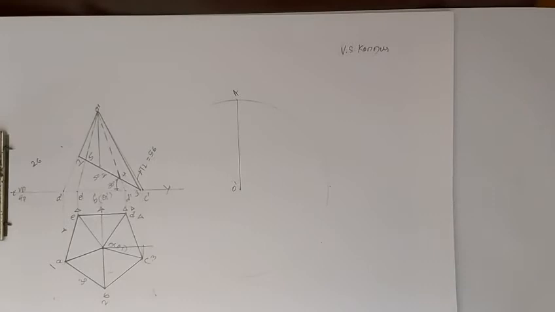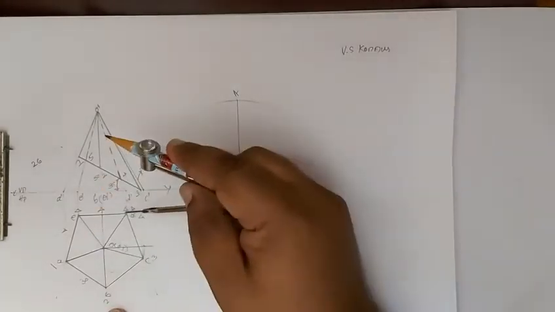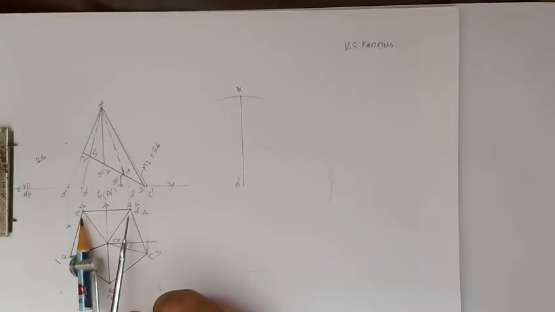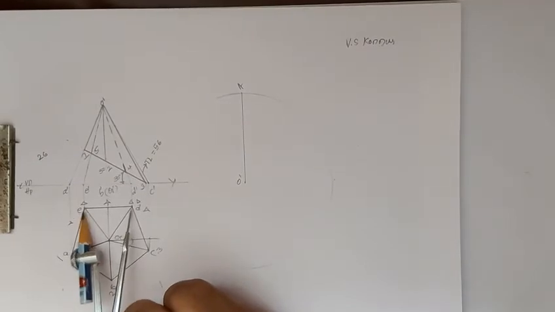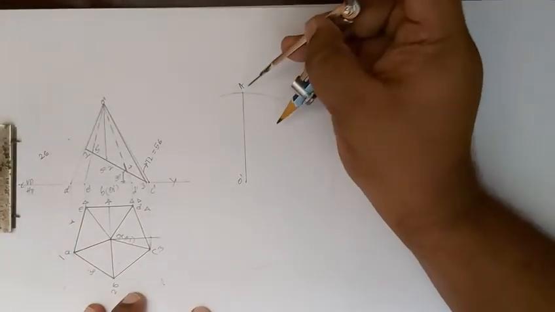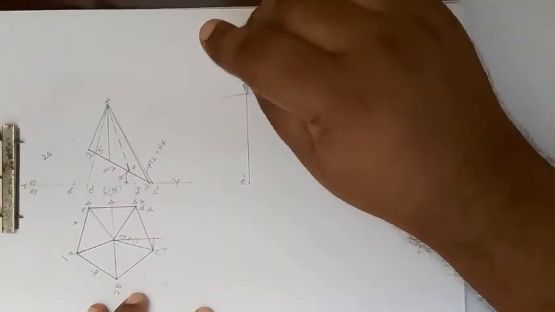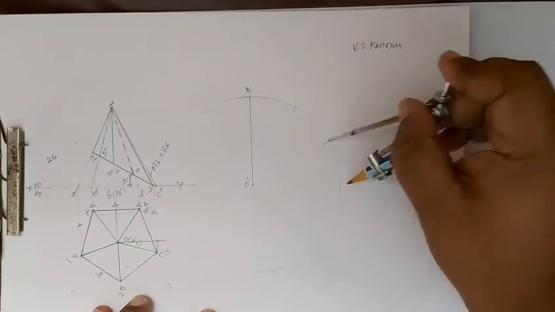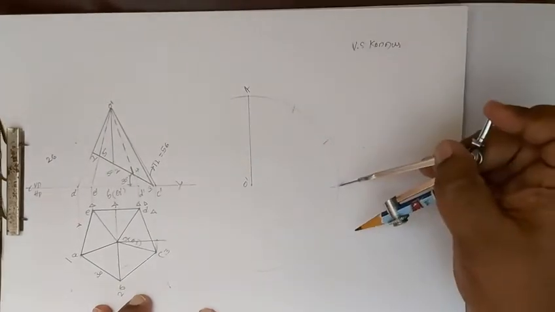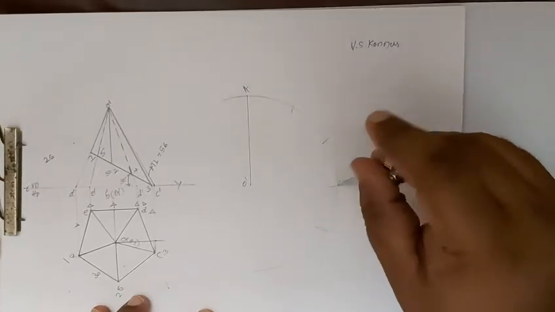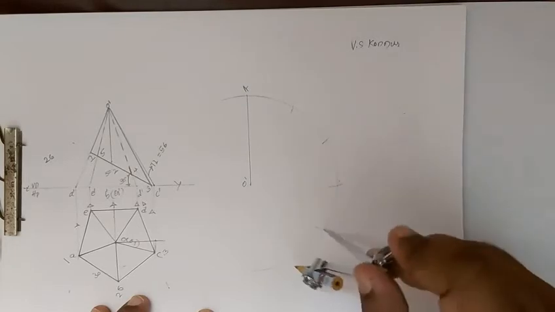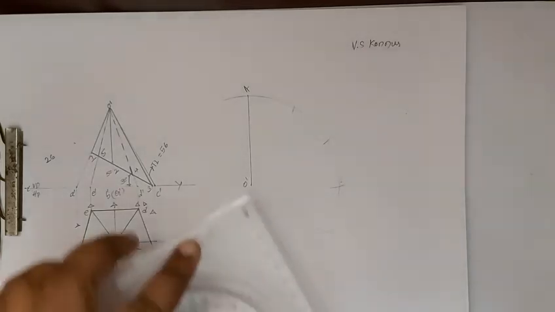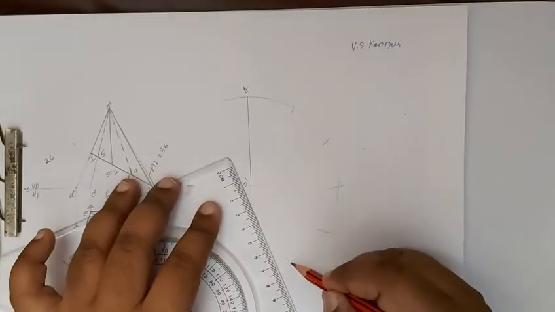Then we'll cut it by the side of the pentagon. One side of the pentagon is equal to 30 millimeter. I have taken the 30 mm distance. Now I will cut this arc by 30. A pentagon has 5 parts, so we'll cut 5 parts on this arc. Four, now one more. The 5 parts I have cut, and then I will join them with thin line.